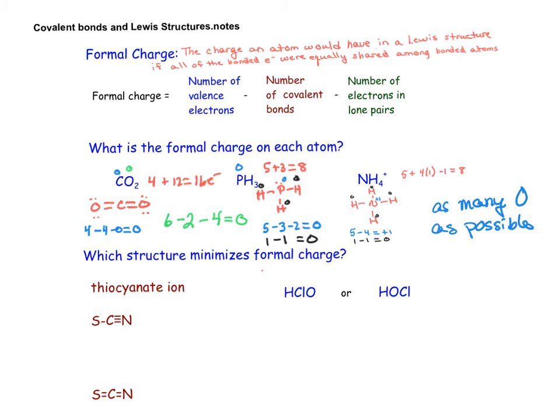The total's not going to change. So PH3 will end up being 0 no matter how the formal charge works. We want as many zeros as possible. The other thing we want is that we want a negative formal charge on the most electronegative atom.